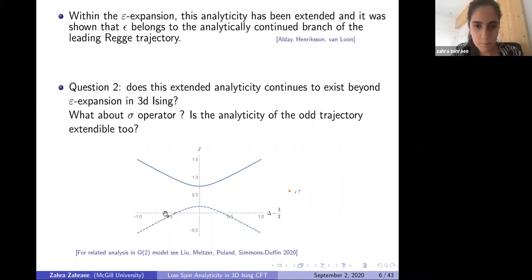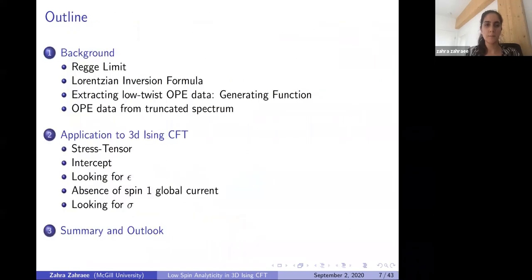So the first question is illustrated in the plot here. The red dot, the question is basically whether the red dot is epsilon or not. For related analysis in the O(2) model, see the paper which came out in July of this year as well by Leo Meltzer, Poland, and Simmons-Duffin.